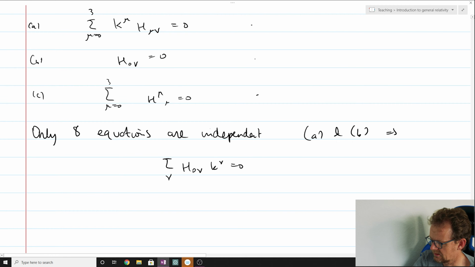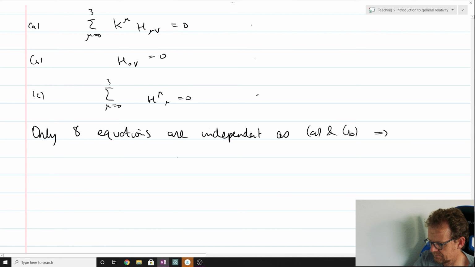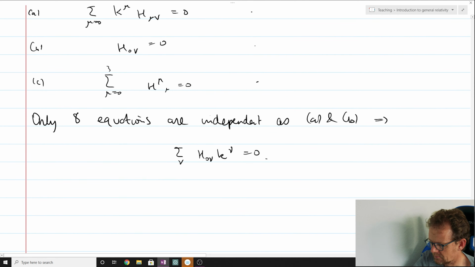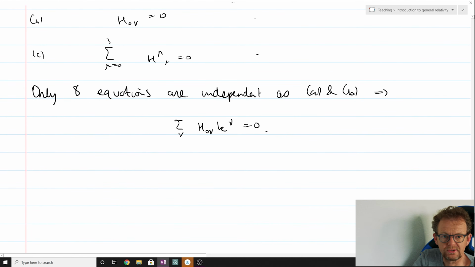Together they imply the same equation. So that's why they're not independent. So A and B both imply h naught nu k nu equals 0. So only 8 equations are actually independent of these 10 equations.